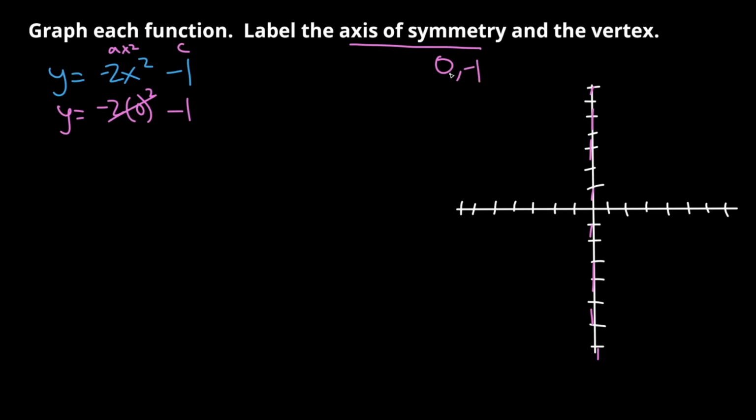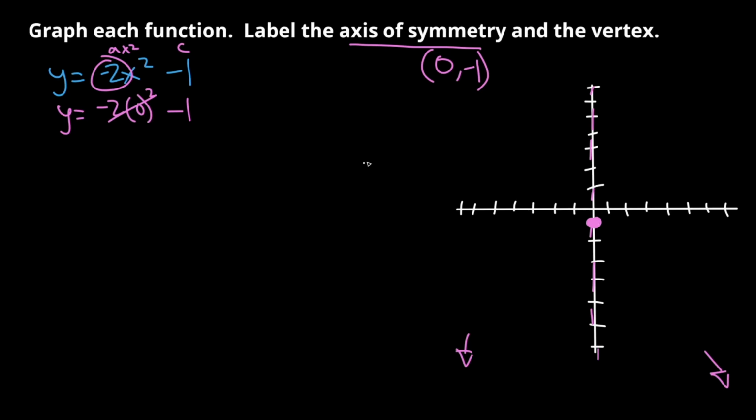That means our vertex is (0, -1), right here. All right, so we have the axis of symmetry and the vertex. Now we just need to figure out which direction it opens, and then plot some points. So the leading term is negative over here. That means it's going to open in a downward direction.